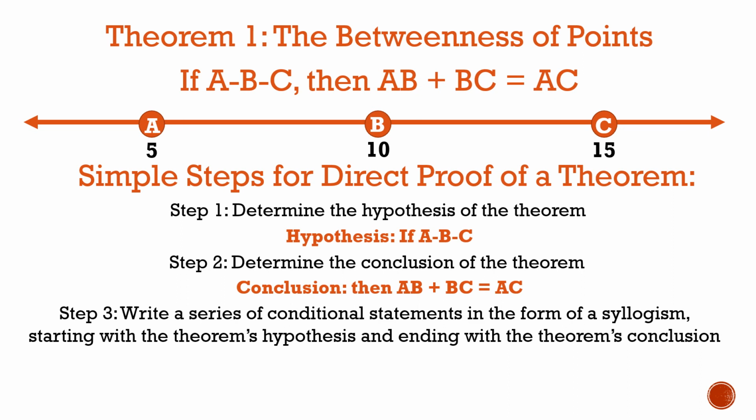Often we're going to use math properties to do this. So this is why we took a look again at those math properties in the previous lesson. So a key thing to remember as we go through this process of writing a direct proof is your basic syllogism form, which looks like this. If A, then B. If B, then C. Therefore, if A, then C.